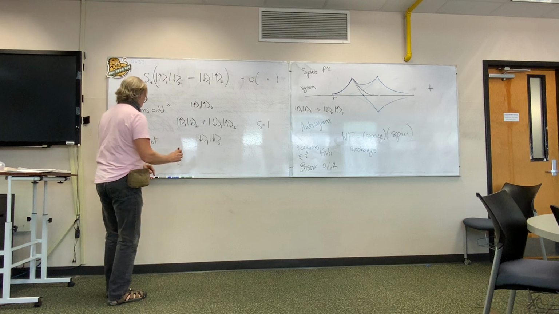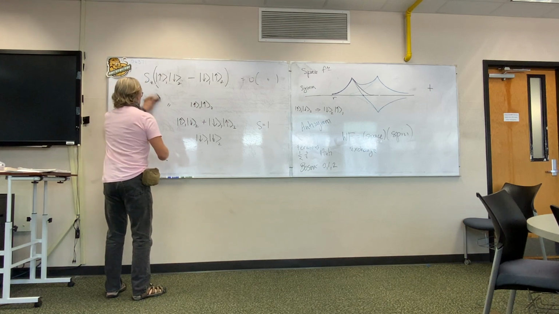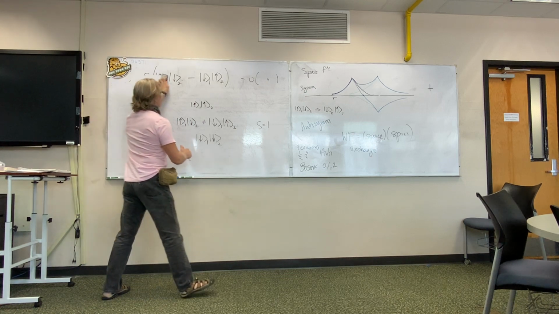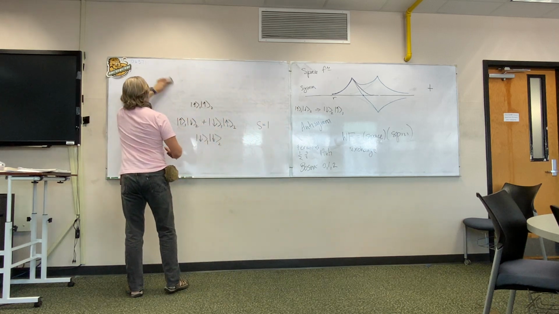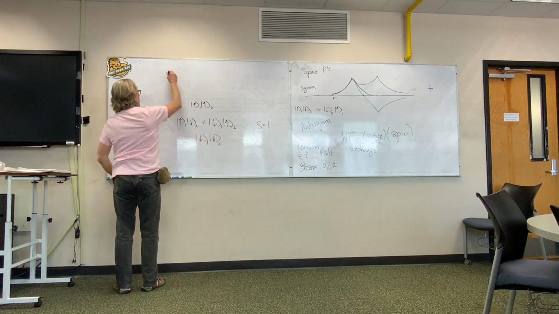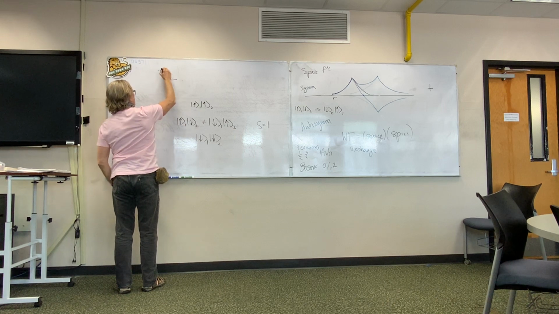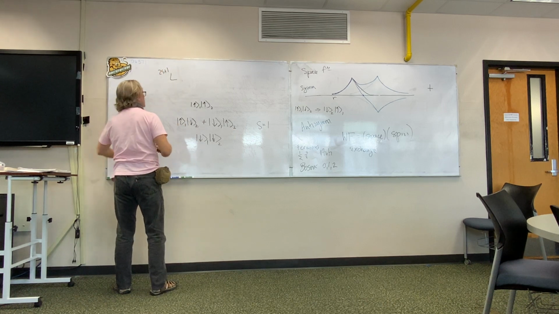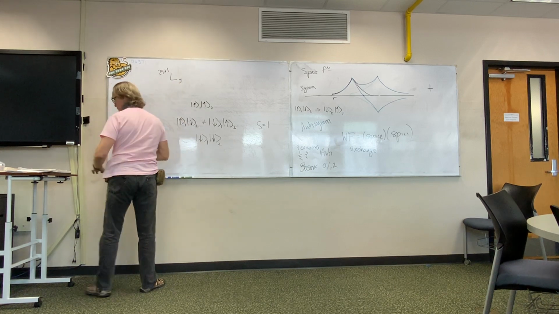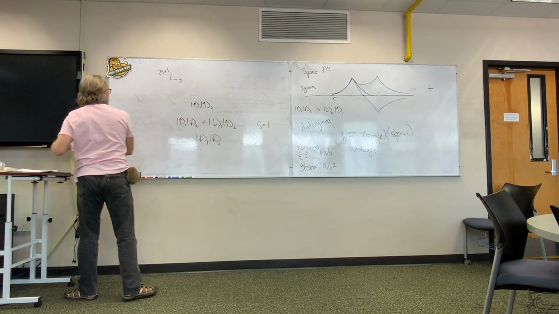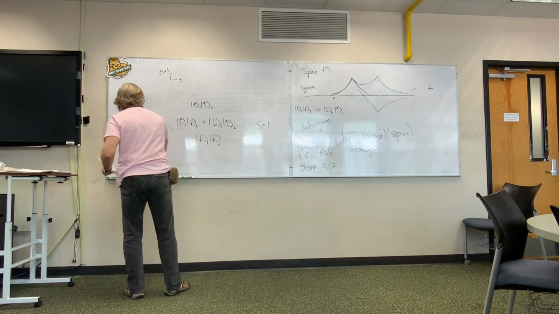Try to do it from memory. You characterize these states as (2S+1)L_J. This is kind of where I left off. We sort of went off the rails a little bit.